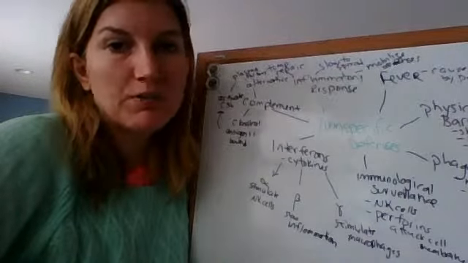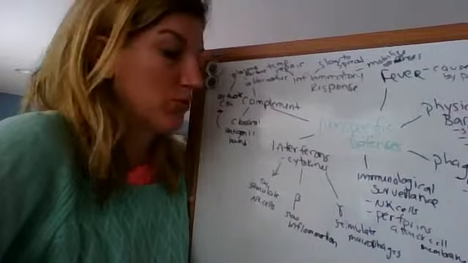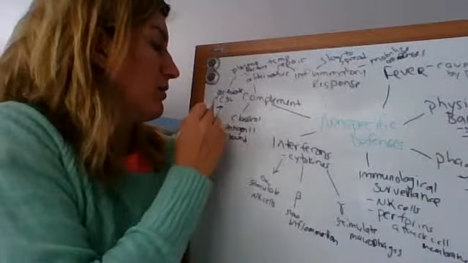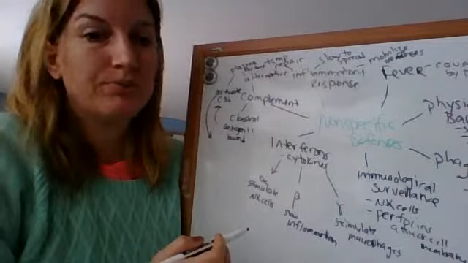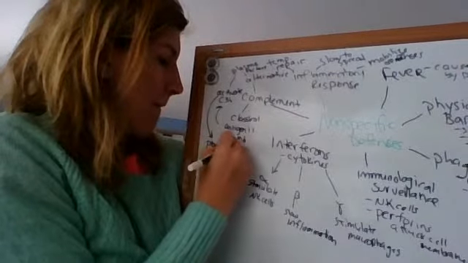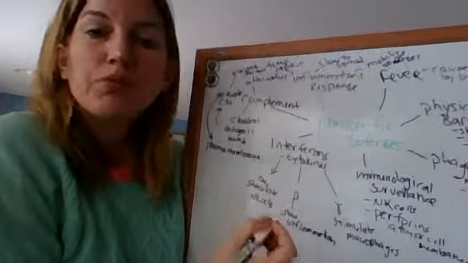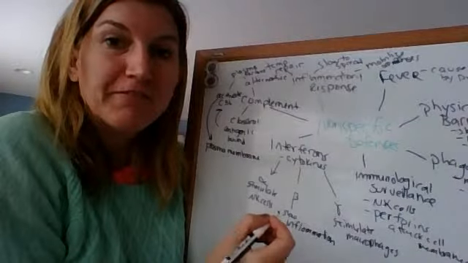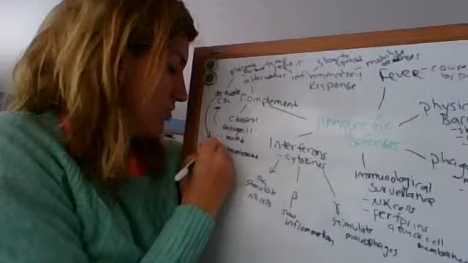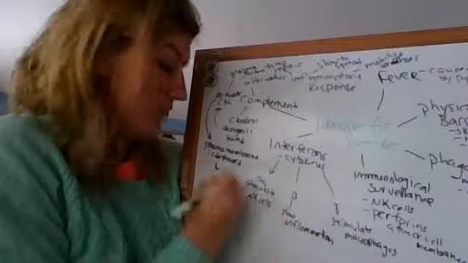So one's caused by plasma factors, one's caused by binding to the antigen. Just different routes. Either way, what happens after this C3b is activated, and I'm going to draw it down here because I have more room, is the plasma membrane is destroyed. Again, this is the plasma membrane of the infected cell. So remember, viruses and bacteria come in and they infect cells. So the plasma membrane is destroyed, and then we have the phagocytosis that occurs.